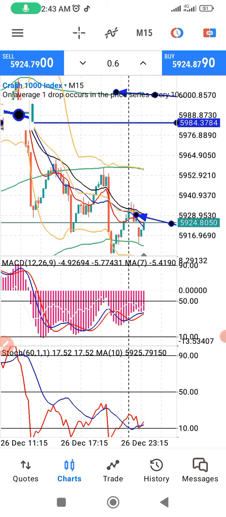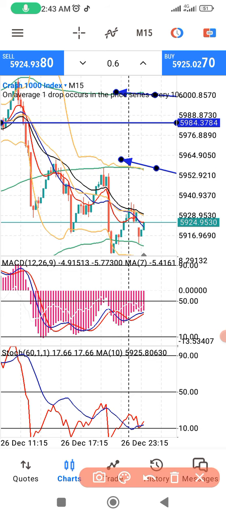Then we'll take a buy and we ride to our middle Bollinger Band, hoping for a reversal. If it doesn't happen, then we move it back up here. So these things are pretty much simple. They play out almost all the time.